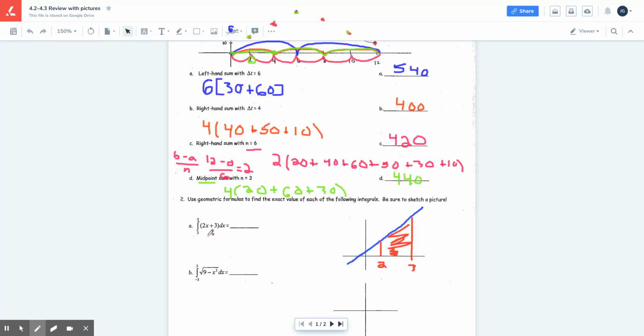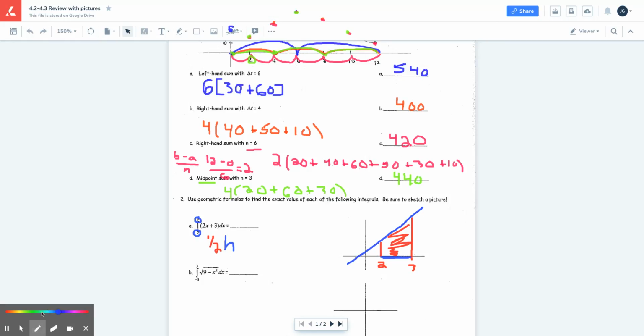The area of a trapezoid is 1/2 times the height. And in this type of problem, the height is always going to be this distance between the two x's. So whatever the difference is between your B and your A, 3 and 2. We'll plug that in a second.